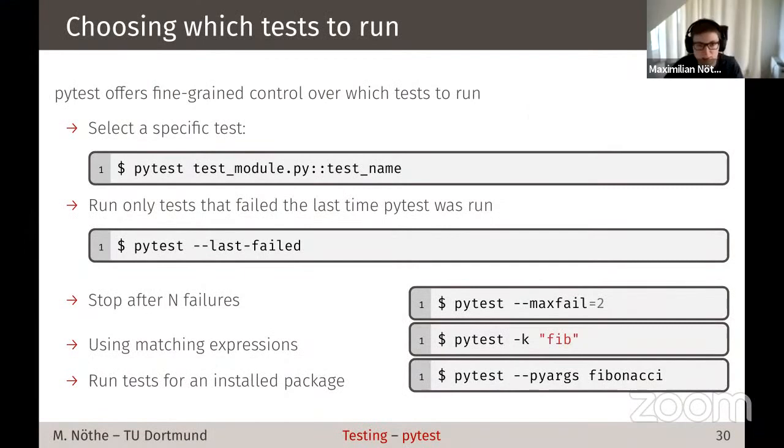And what is really nice to have when you have installed a package and are investigating some strange issue with another package that's not yours: if that package is using pytest and also installs its test suite, you can actually run the pytest test suite of that package using this pyargs argument.